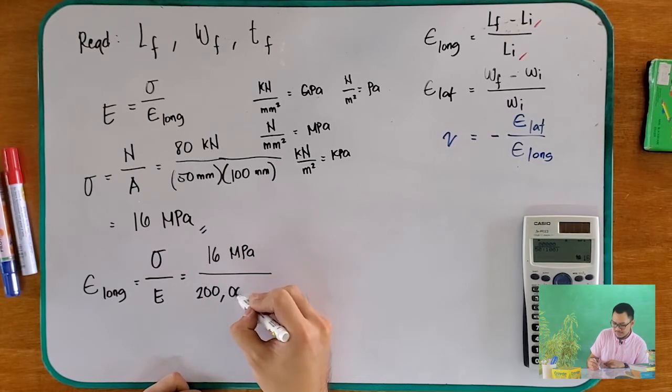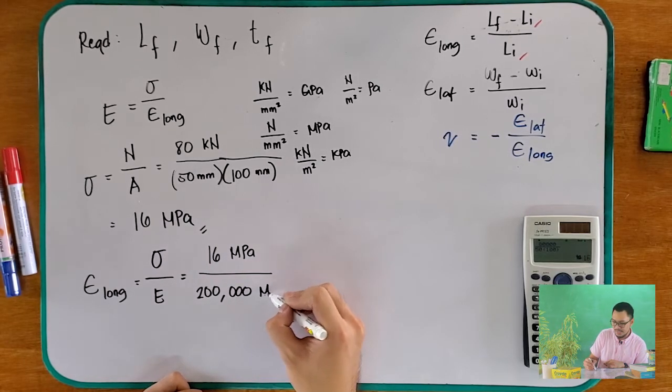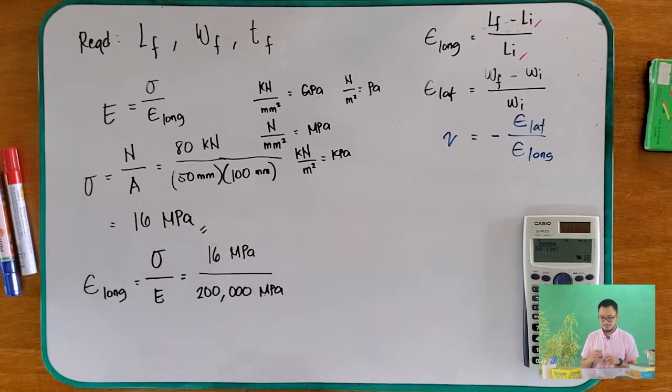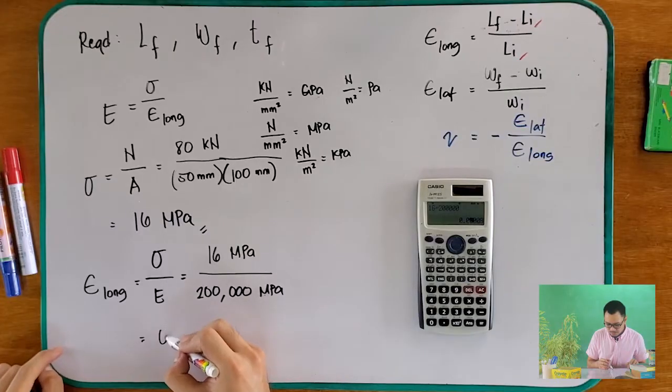So, therefore, it should be dimensionally homogeneous. So, our modulus of elasticity should also have a unit of megapascals. It is given here that your modulus of elasticity is 200 gigapascals. So, therefore, this is 200,000 megapascals. Okay? So, divide.